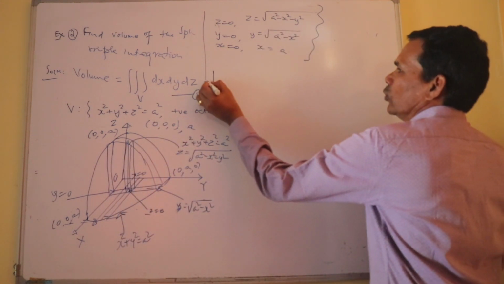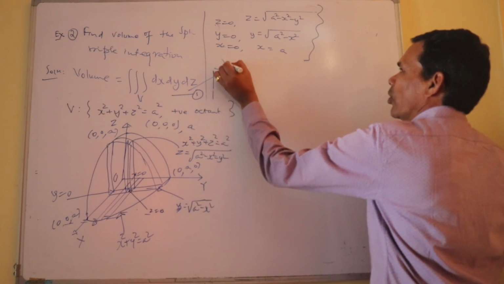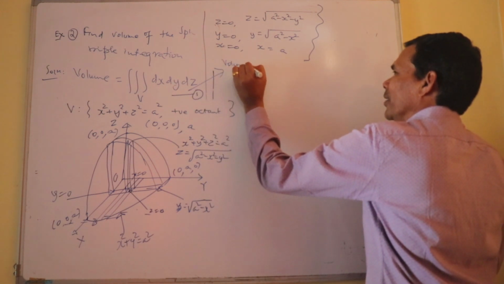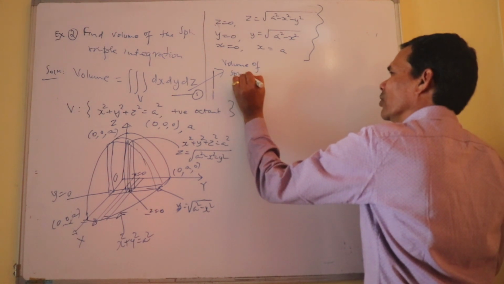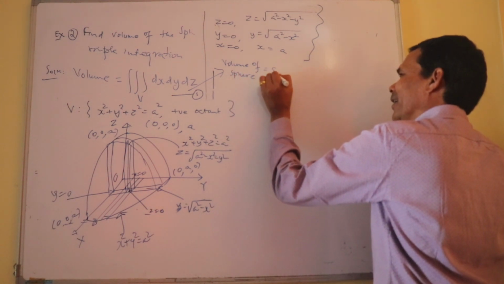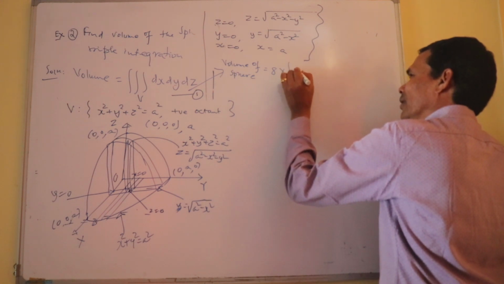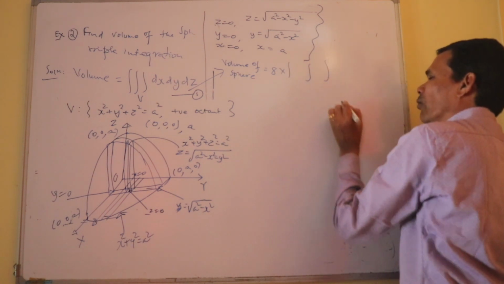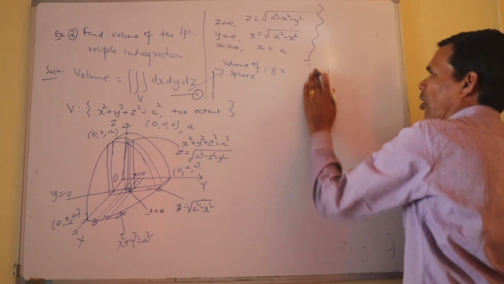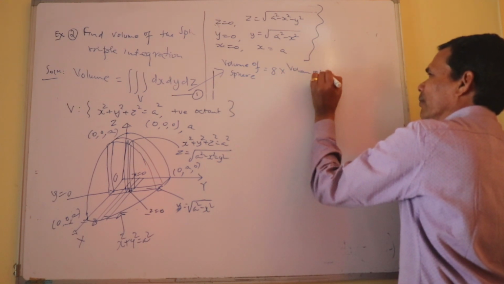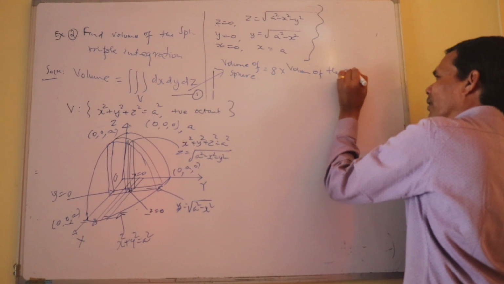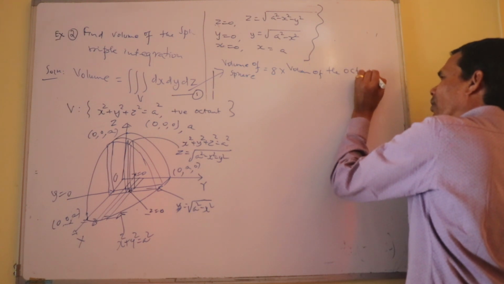So volume, using this formula, volume of the whole sphere, the complete sphere, is equal to 8 times the volume of the octant of the sphere.